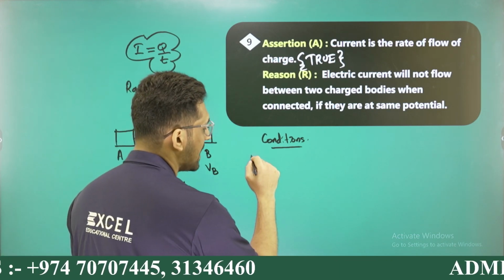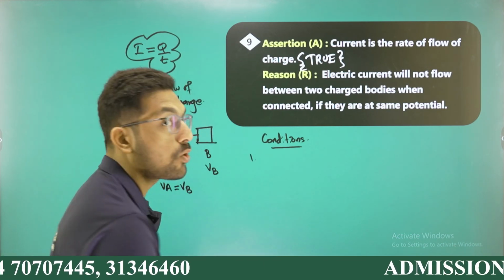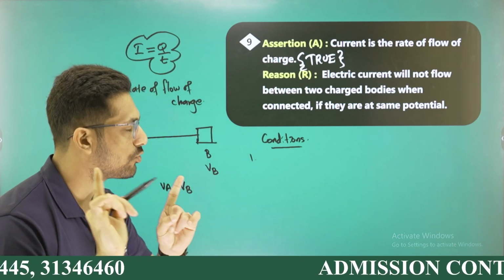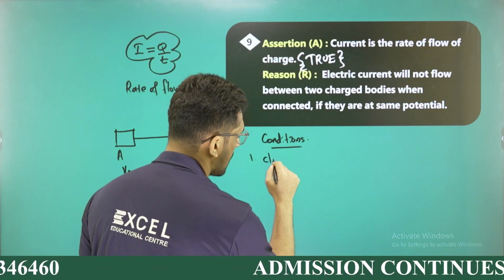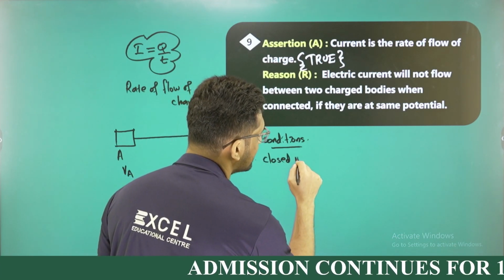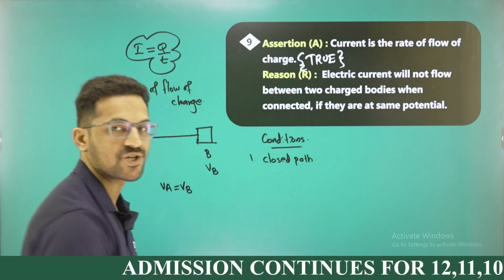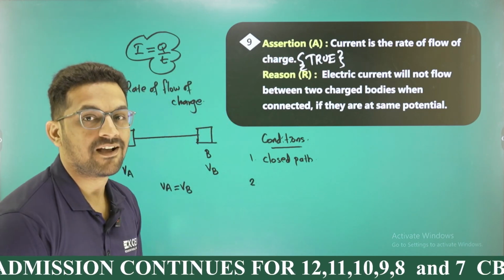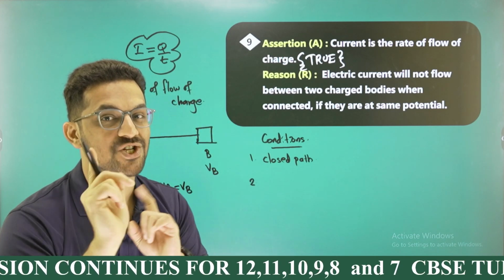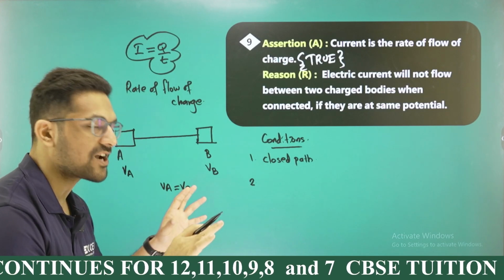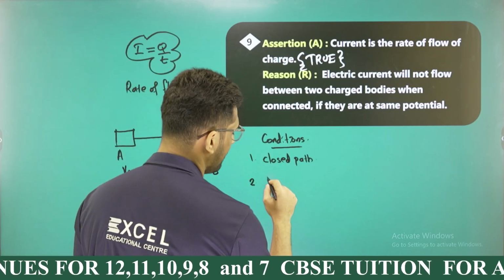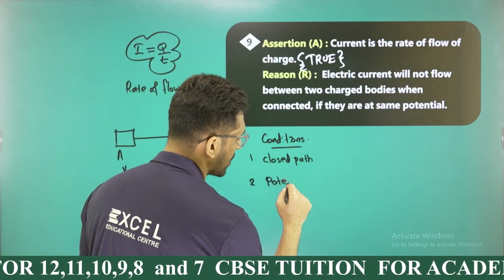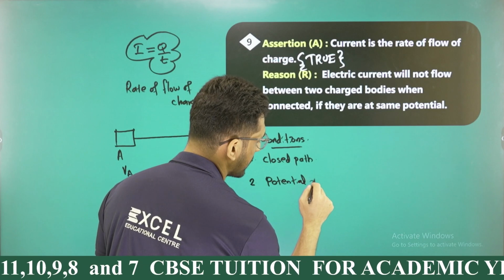First one, it needs a closed path. That is the first condition. The second condition is there should be a potential difference. Then only the current will be flowing.